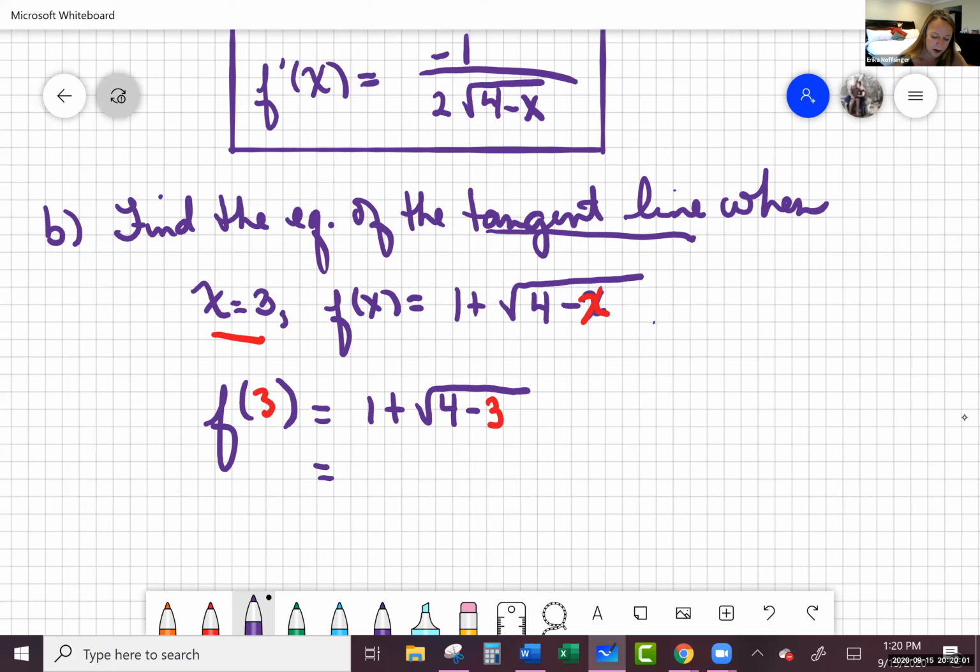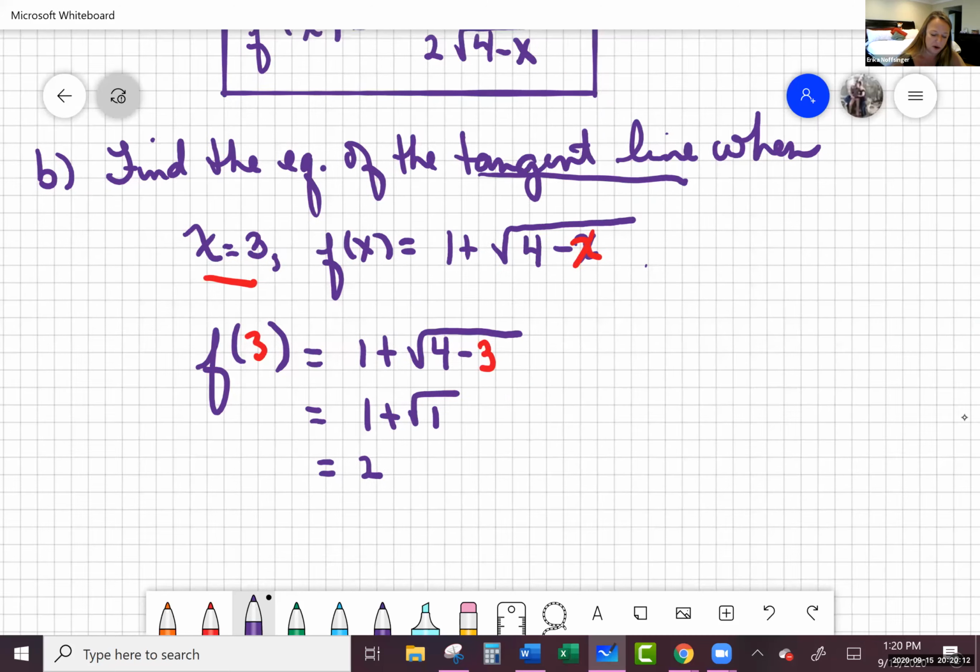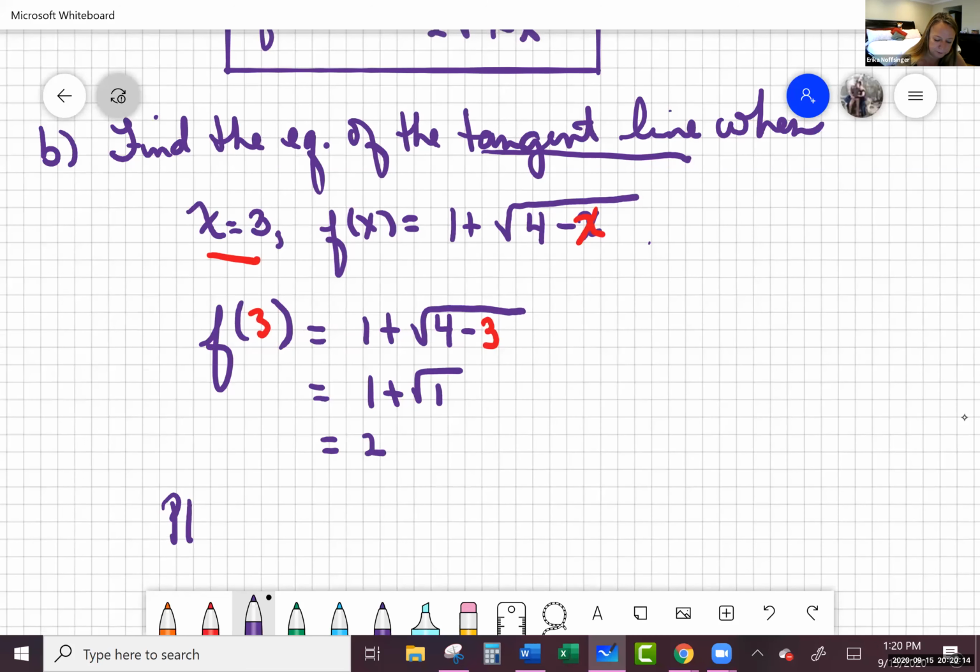So we get 1 plus the square root, 4 minus 3 is 1. Square root of 1 is 1. So 1 plus 1 is 2. So a point on the tangent line is x is 3, y is 2.